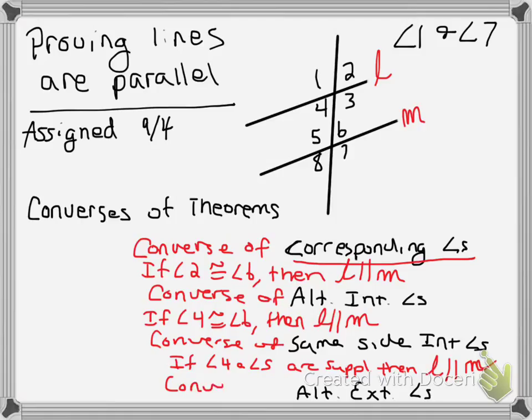We would use the converse of alternate exterior angles. I'm kind of out of room, so I'm going to write this one over here. If angle 1 and angle 7 are congruent, so we'll put the congruent sign in them, then L is parallel to M.